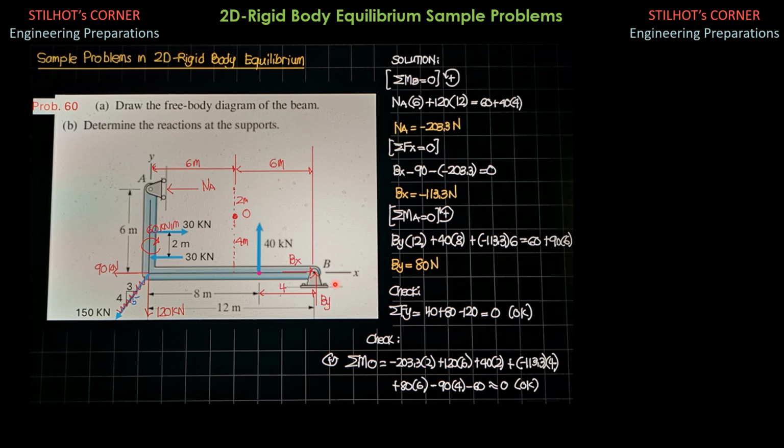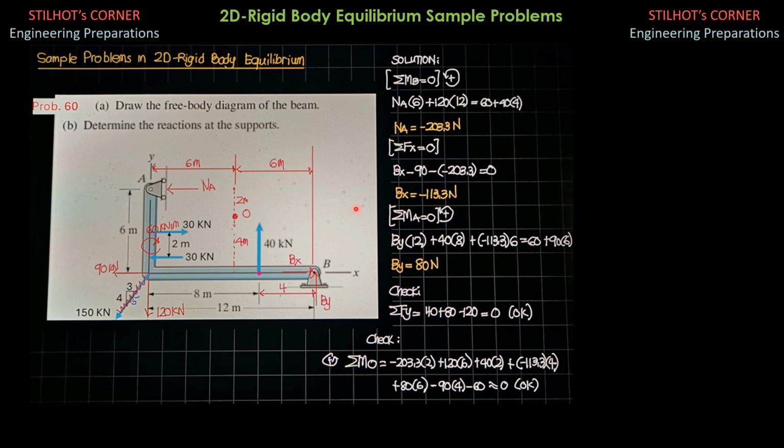The other way is supposedly if you sum up moment about this point here, invent a point here so that NA and BY can be eliminated, then you can solve for BX. But this time, I'll just use summation of forces along X, and in checking later, there is still summation of moment about another point, and summation of forces along Y. I will use that for checking our answers later.